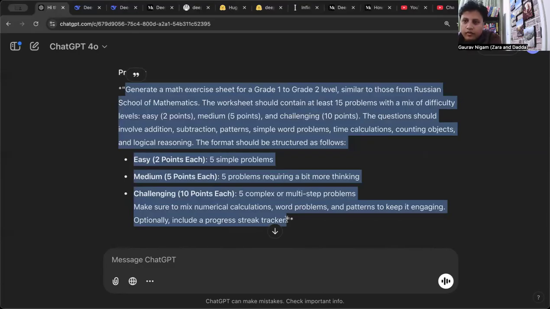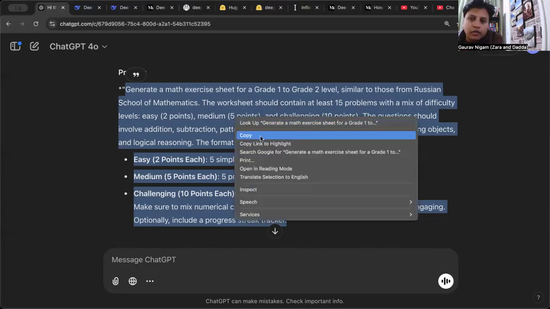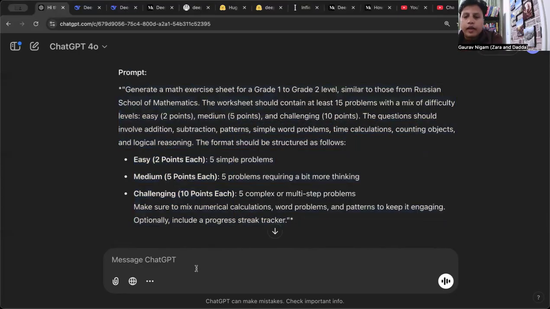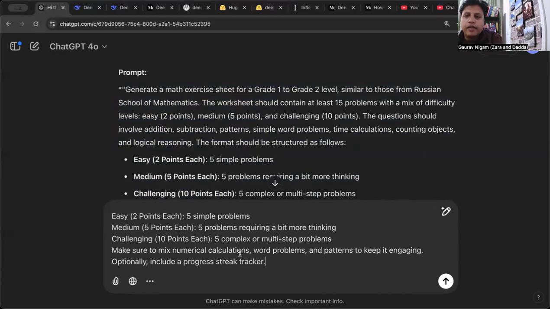So those couple of lines that we shared with ChatGPT generated the entire prompt. You never need to worry about this prompt. You will get better at it, but you don't need to worry about it. The reason I shared it is that you can now copy the prompt and update it.